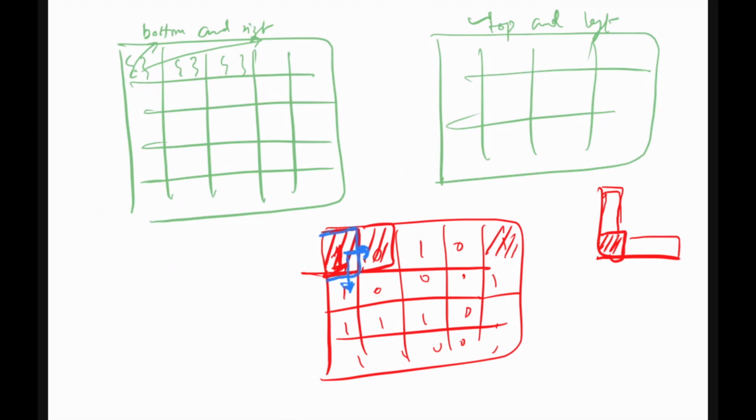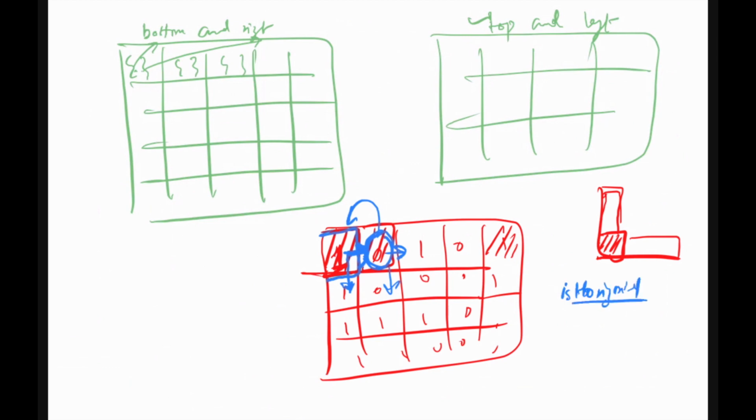But when I come to this one, how do I know that for this recursive call I have to return the total number of ones to the right of the cell, not to the bottom of the cell? For that I will use a flag, let's say is horizontal.